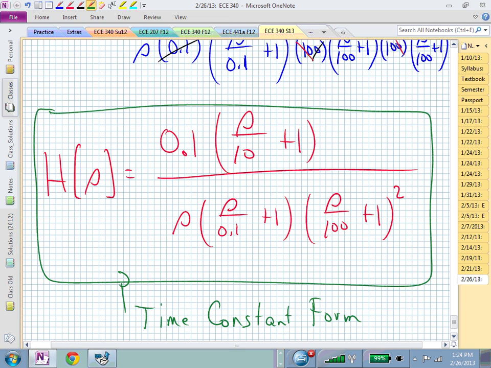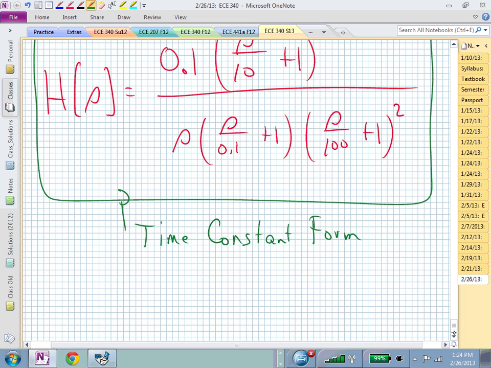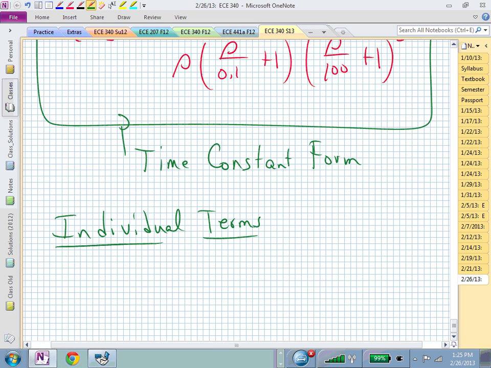Clear? Now, some ideas that we'll start going over, well, let's not get ahead of ourselves. Now what we want to do is identify the individual terms, which I just did. So let's now start with these individual terms.